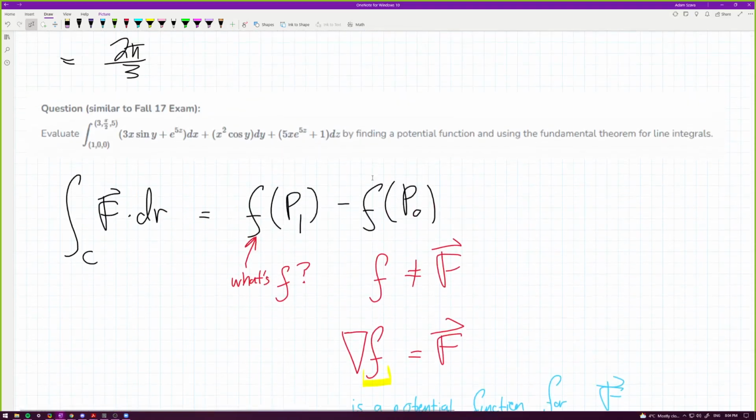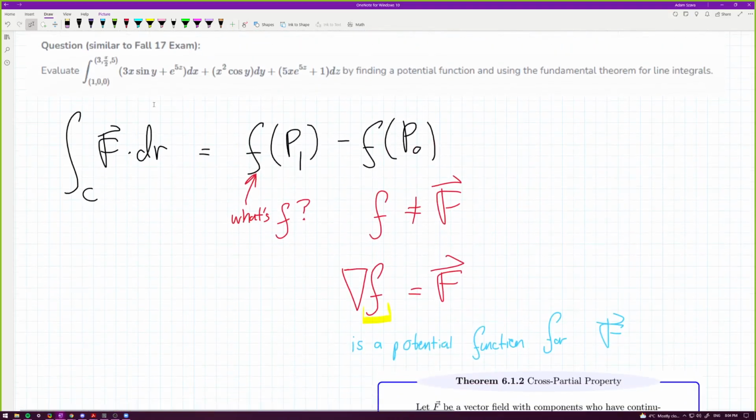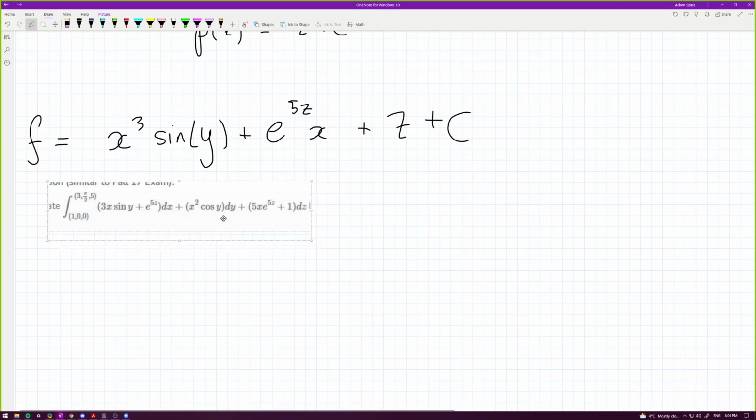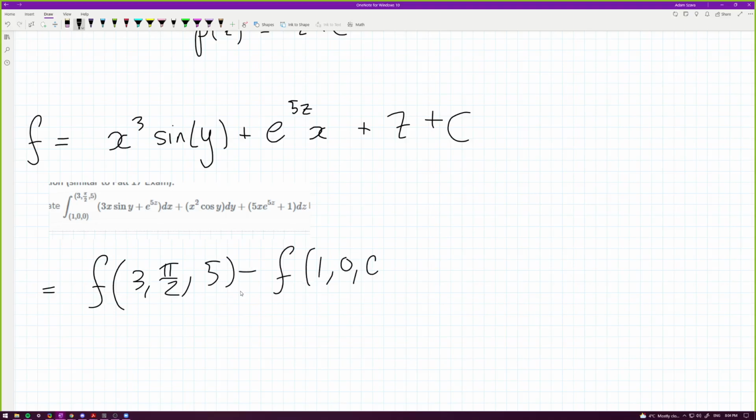And so we can now use this to determine the line integral like this, by just using the fundamental theorem of line integrals, or for line integrals is really what you call it. And what we do is we just evaluate, so that integral is equal to f of 3, pi over 2, 5 minus f of 1, 0, 0.